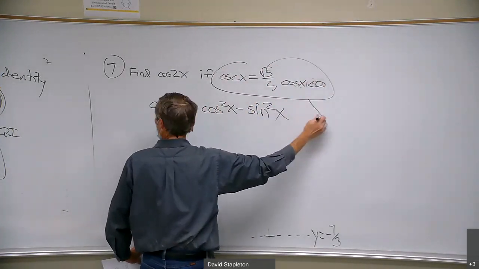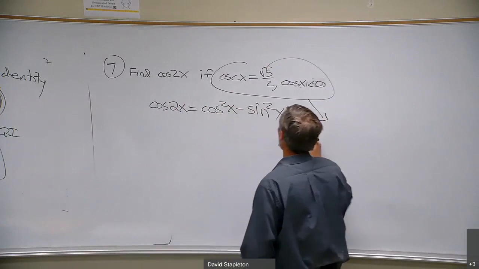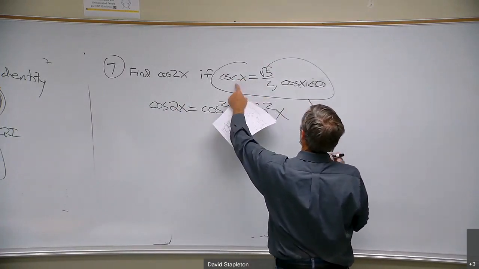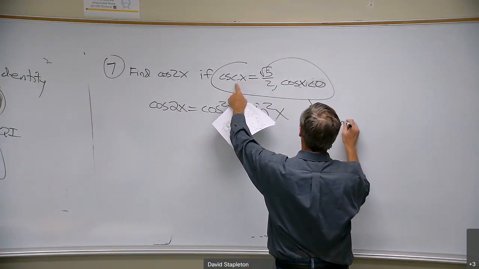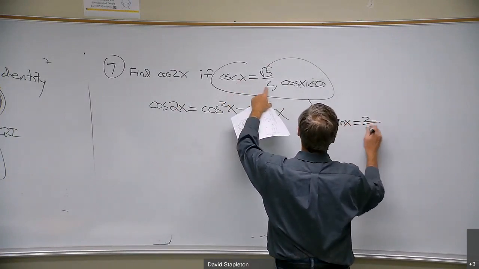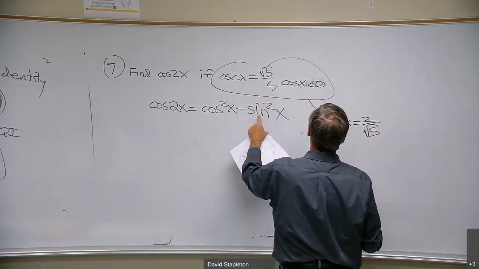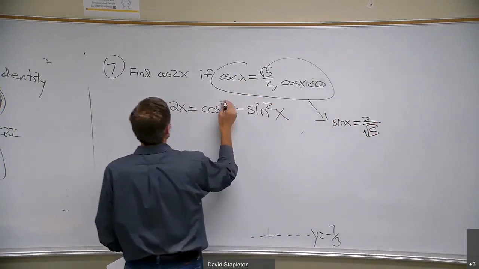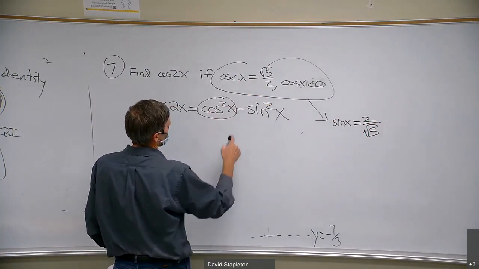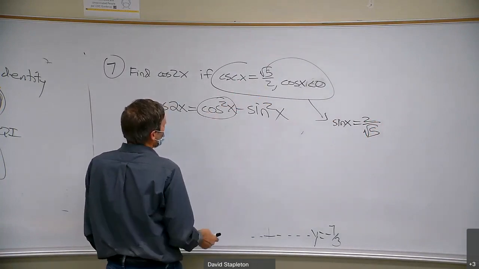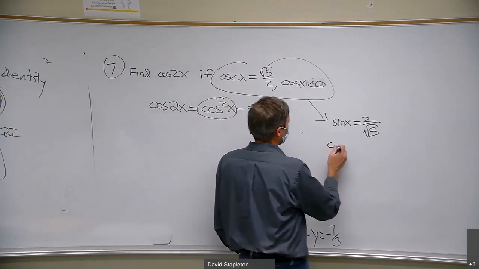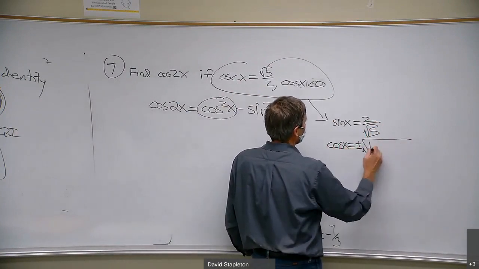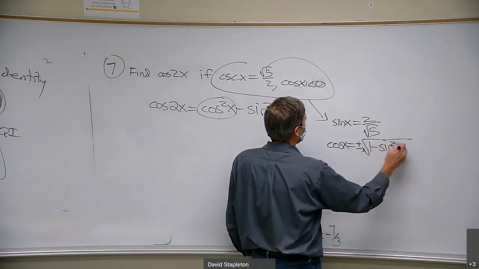I'll just over on the side somewhere go figure this out and say, well, taking the reciprocal of this equation, reciprocal to the left is sine x, and the reciprocal to the right is 2 over square root 5. That gives me one of these two that I know. Then what some people did, if you replace this with 1 minus sine squared, then you're done because you've got sine. The alternative is to do this, say cosine x immediately is plus or minus square root 1 minus sine squared.